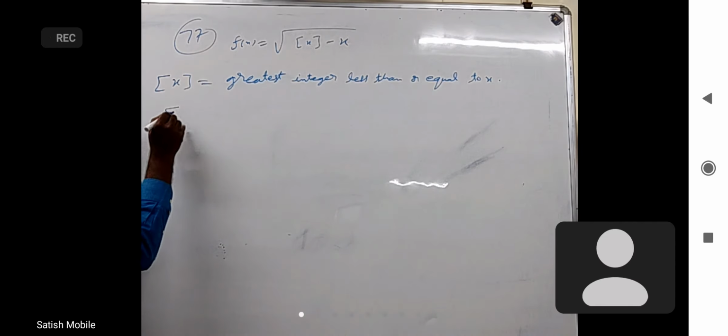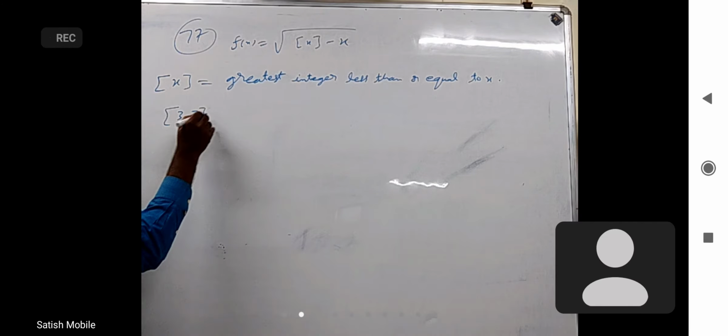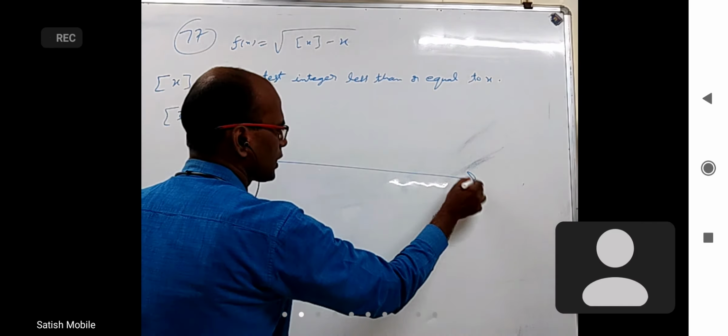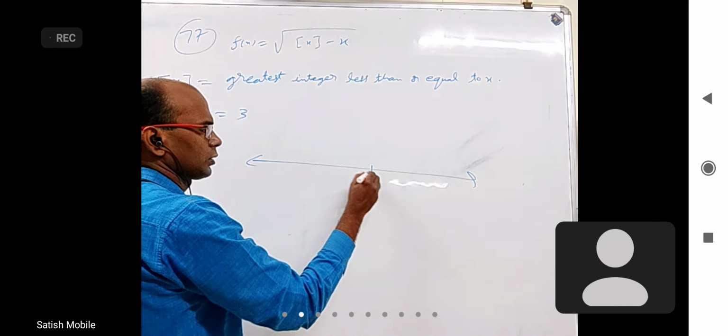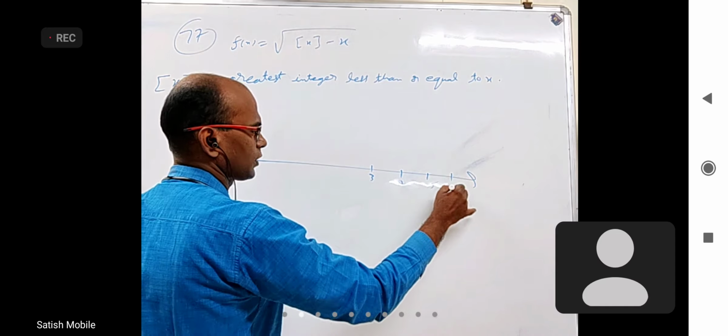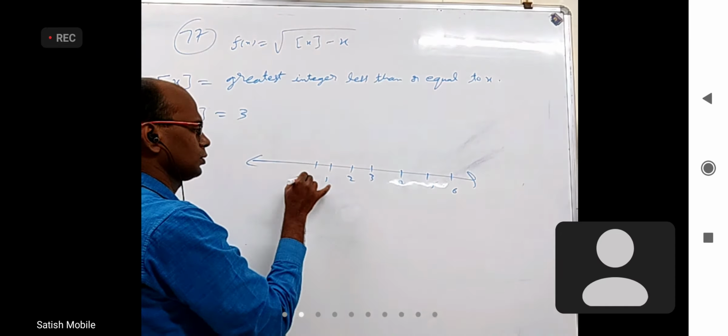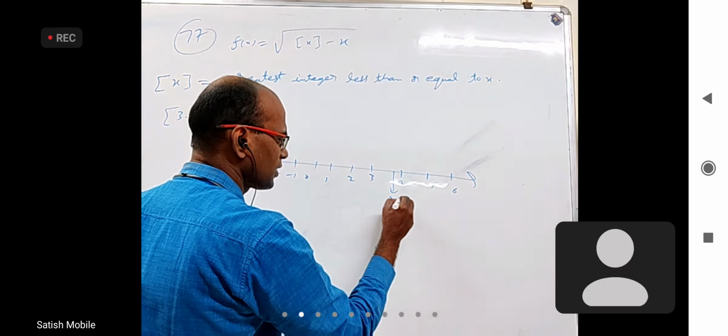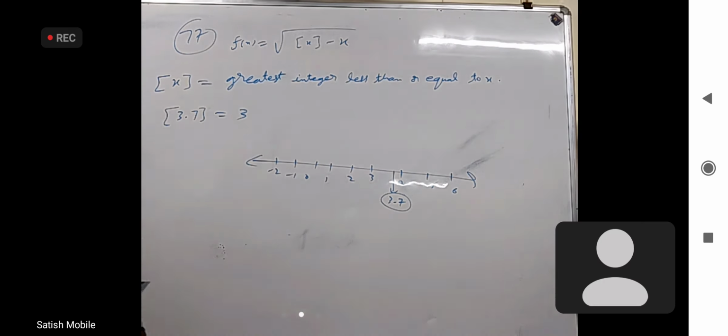Now, if we talk integer part of 3.7, answer is 3. Why? If we take the number line, 3 is somewhere here, 4 is somewhere here, 5 is somewhere here, 2, 1, 0, minus 1, minus 2. 3.7 is somewhere here.